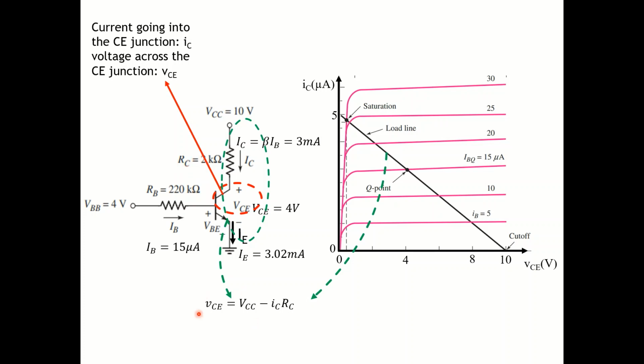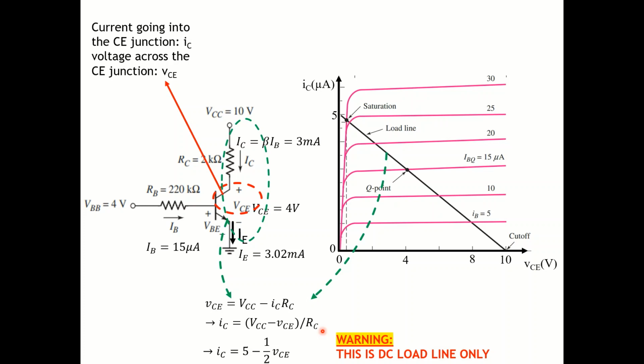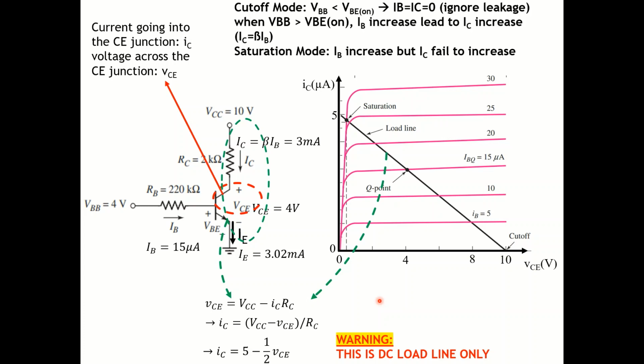So I have this equation right here, but I want to write it in the form of a linear equation, with this as my y-axis and this as my x-axis. So I just rearrange everything, then I plug in the values to have my linear equation. Just a warning, this is the DC load line equation. We have a separate lecture for the AC version of it.